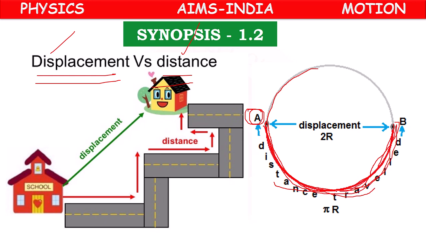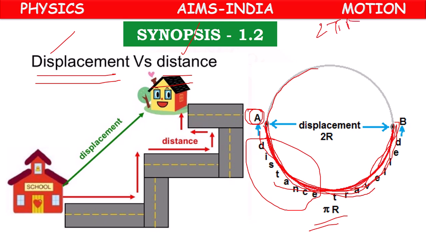So the length of this curve AB is called distance.